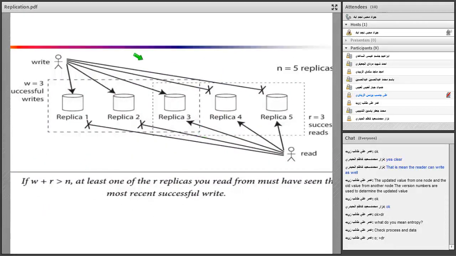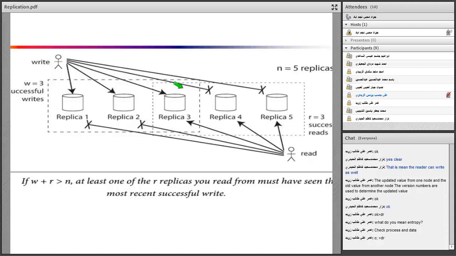Okay, now I'm going to talk about this figure. There is one writer and one reader. I'm going to talk about the quorum now. We need quorum write and quorum read. In this example, you can see 5 replicas, replica 1 to replica 5.